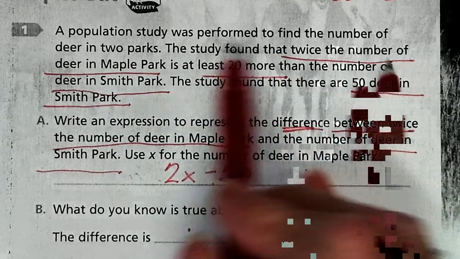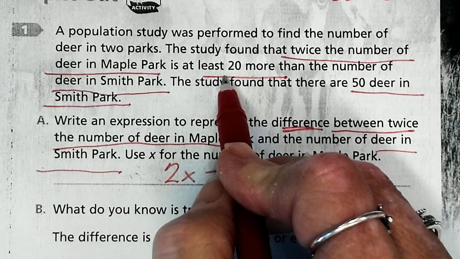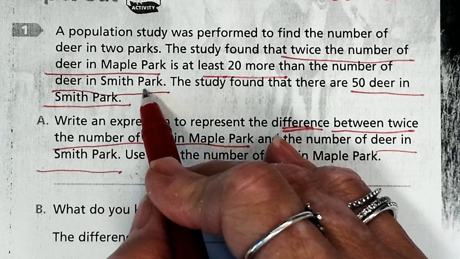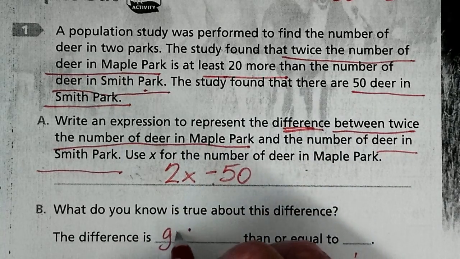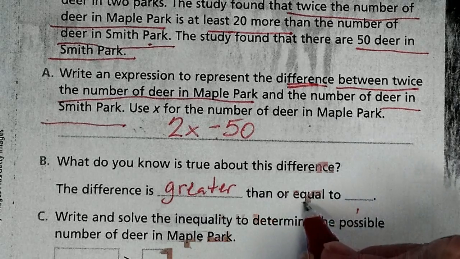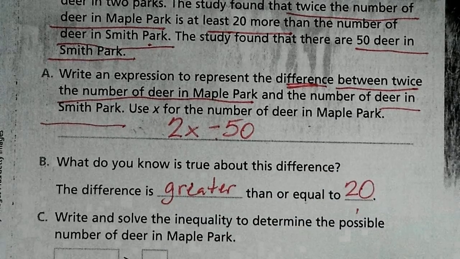The study found that twice the number of deer in Maple Park is at least 20 more than the number of deer in Smith's Park. So it has to be what? Greater than or equal to 20.